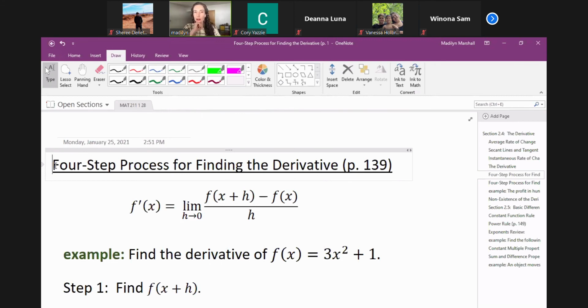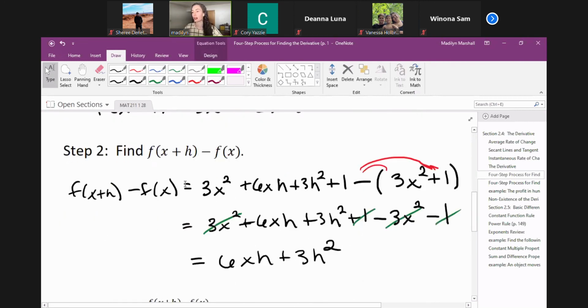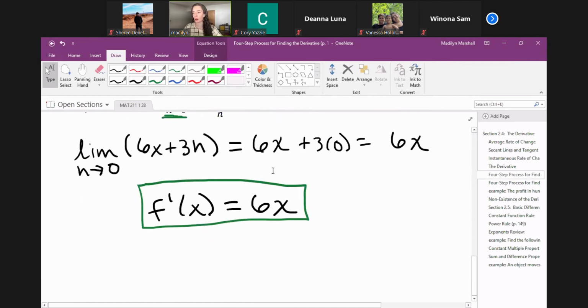We can use the derivative to tell us the rate of change of profit based on how many units we are producing. If profit is modeled by this function, this would tell us how much our profit is increasing depending on how many units we're producing.